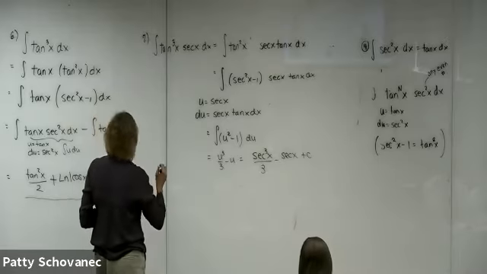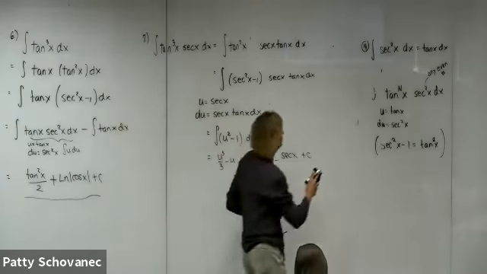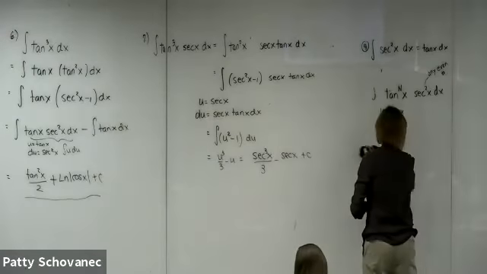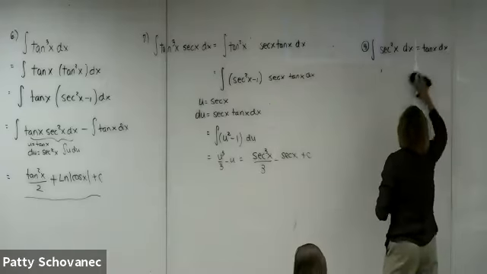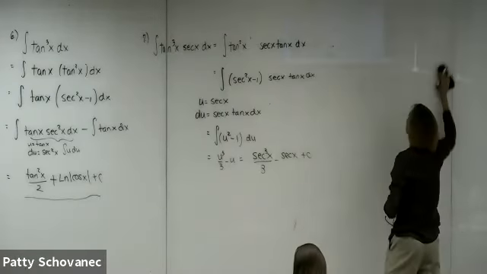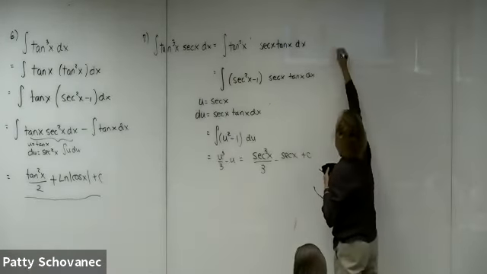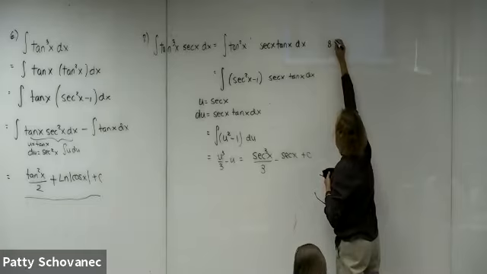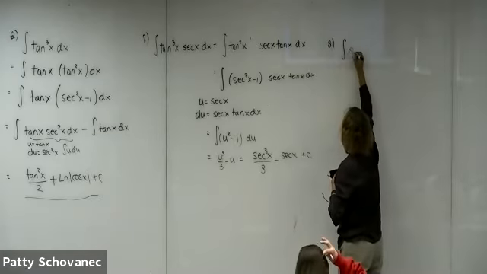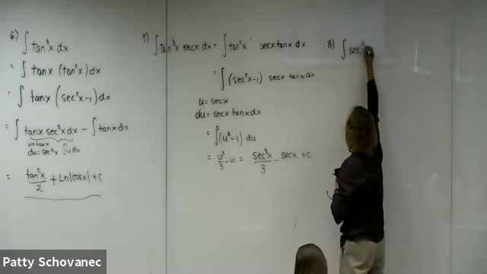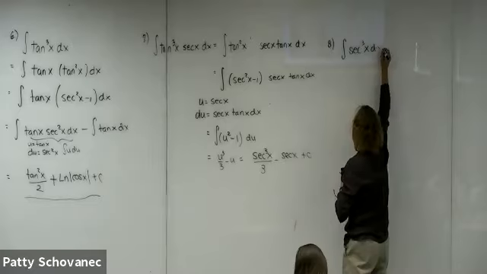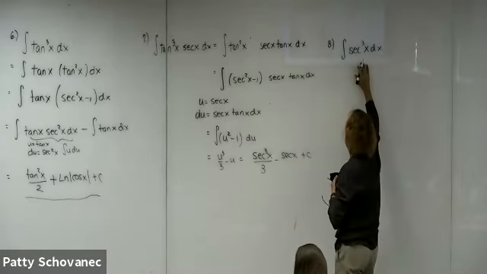Example number 8. Can't take out a secant squared. We can't take out a secant tangent.